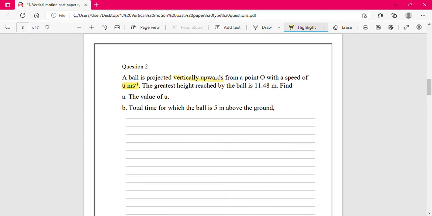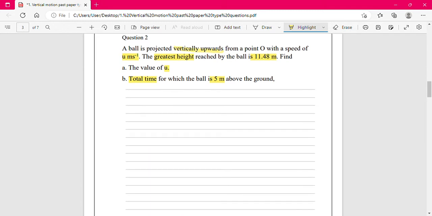The greatest height reached by the ball is 11.48 meters. Find the value of u and total time for which the ball is 5 meters above the ground. The two things you have to find out. So just make a simple sketch of this.